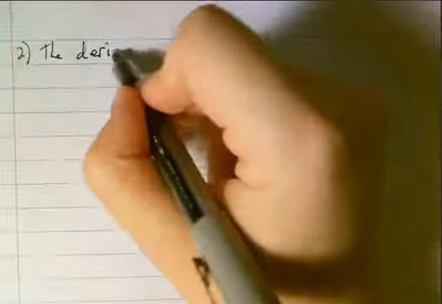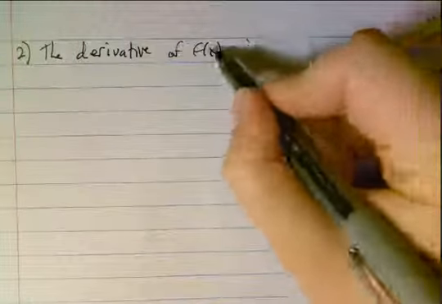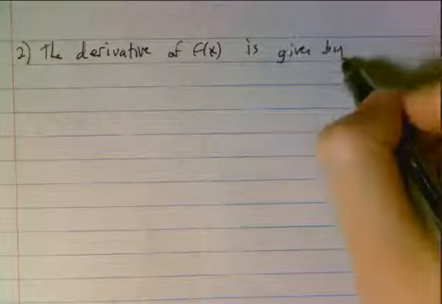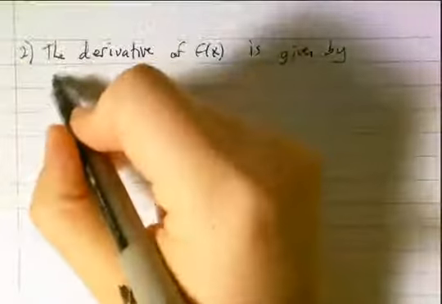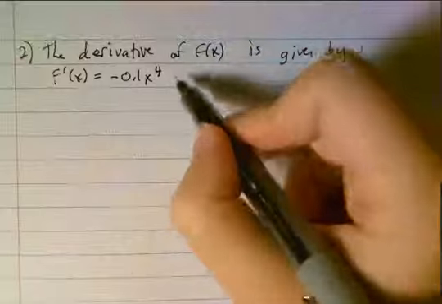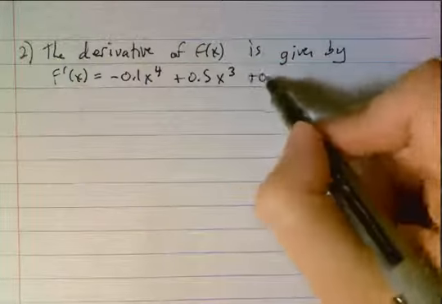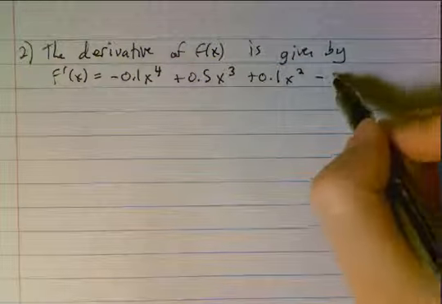For our second problem, the derivative of f of x is given by f prime of x equals negative 0.1 x to the 4th plus 0.5x cubed plus 0.1x squared minus 0.5x.